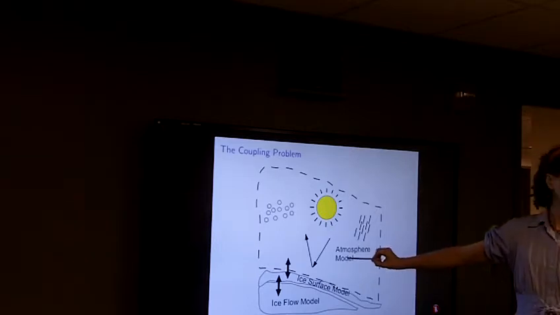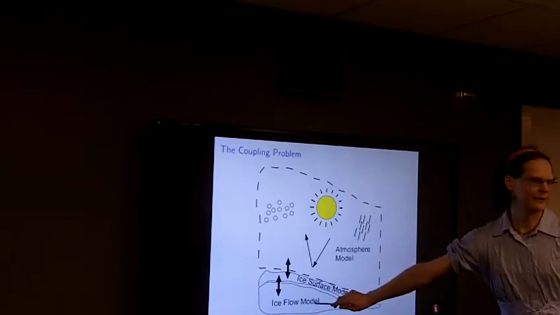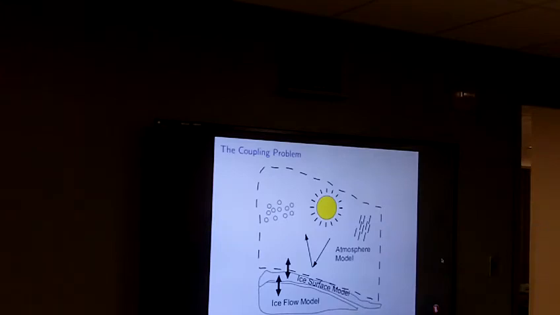the GISS atmosphere with a dynamic ice model. Currently, actually I guess still currently, in the GISS ice sheets there's no actual ice sheet under there. It's just simulating the top 3 meters.